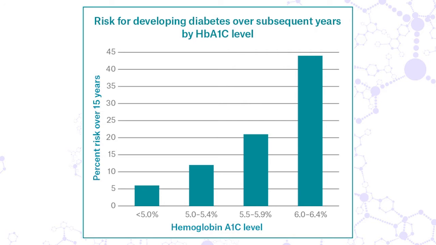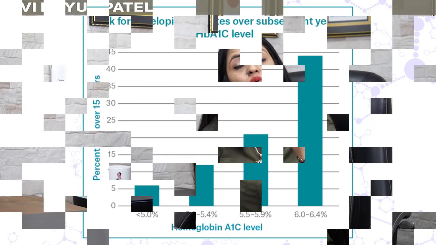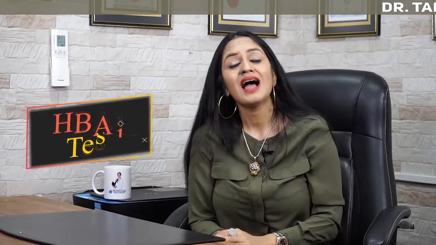And if you have diabetes, then your HbA1c will be from 6.5% onwards. If you have diabetes which is not controlled over a period of time, you can have an HbA1c of more than 8%. In the ideal situation, the target HbA1c given to all diabetics is 7%, so that we can prevent future complications.